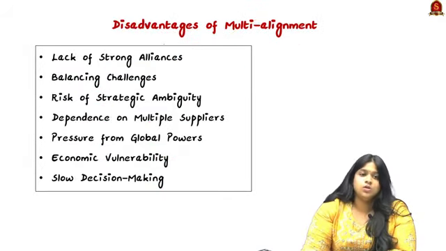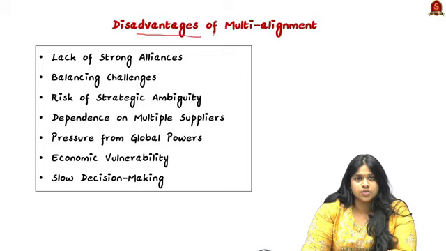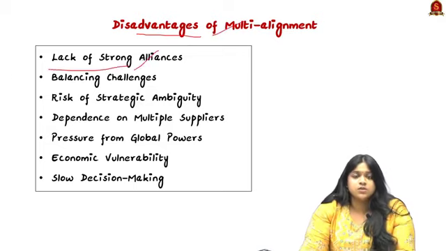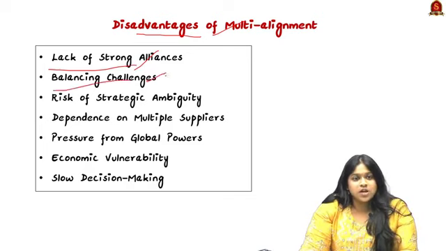But we should also see the disadvantages of this multi-alignment. It leads to a lack of strong alliances. When there is multi-alignment, we won't have much reliance on one particular strong alliance. The next is balancing challenges, as we are in multiple partnerships with rival powers such as the US and China.